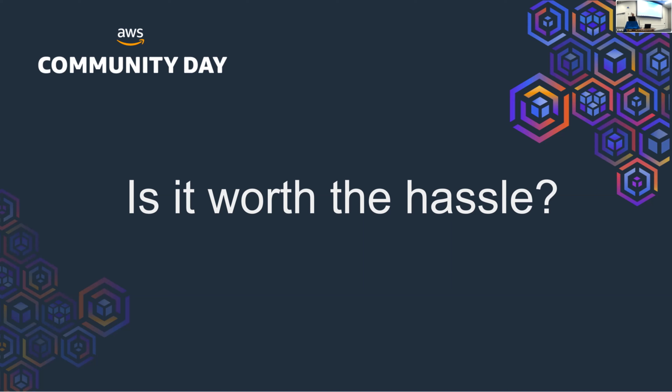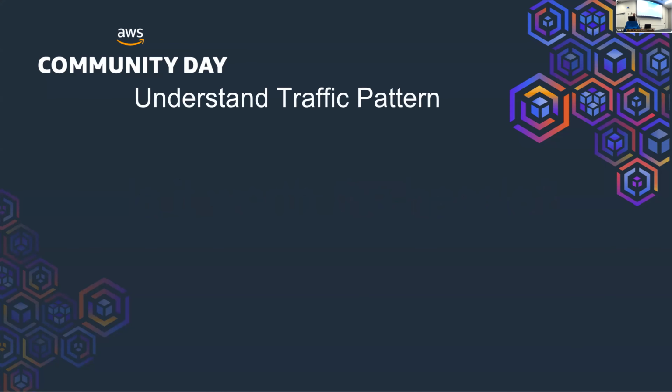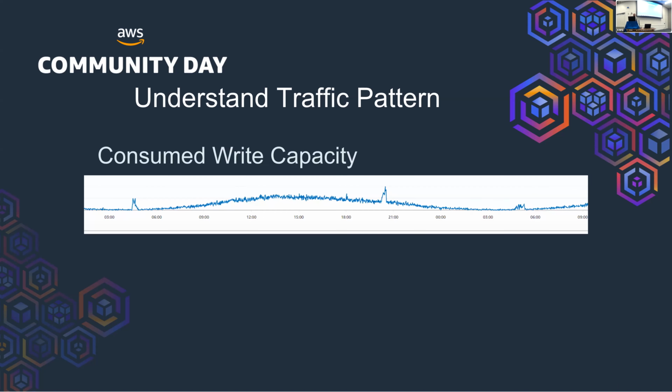If you are paying $50 or $10 a month for a table, probably not a good idea to even think about it. Again, you have to understand the traffic pattern. For one of these applications, we looked at the traffic pattern over several months and analyzed whether the spikes you see can be handled through the burst capacity that is available to us.